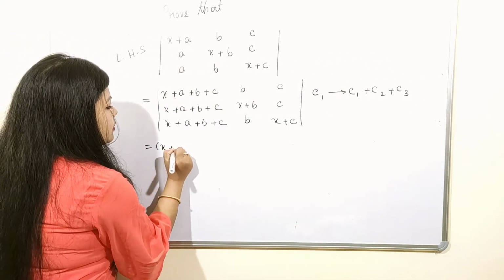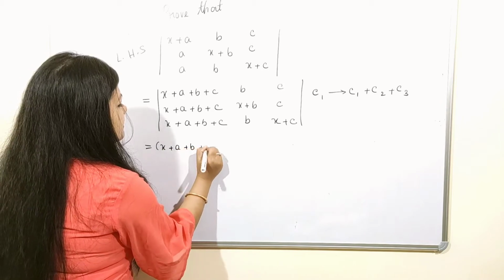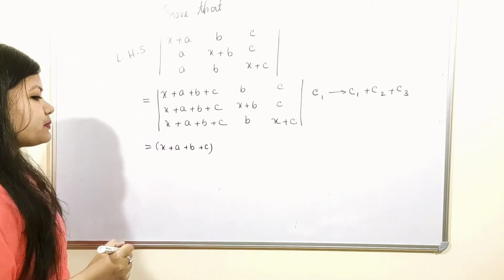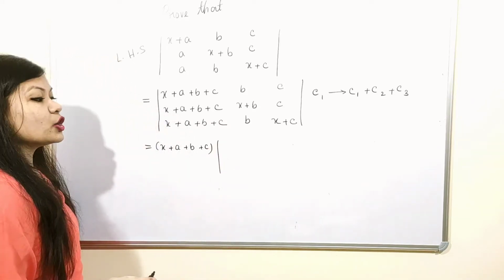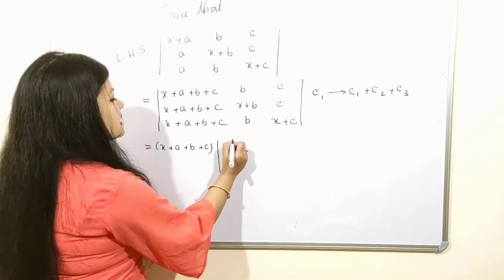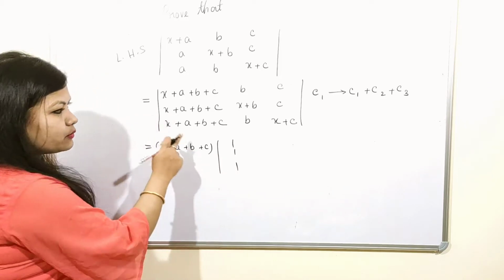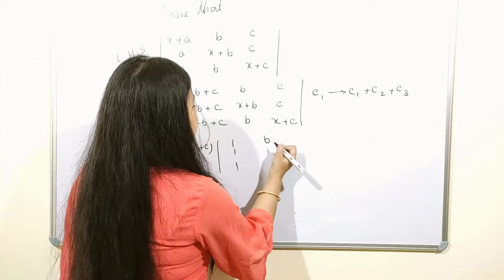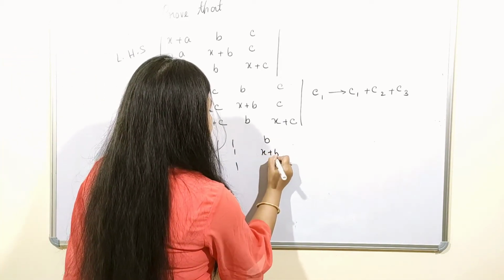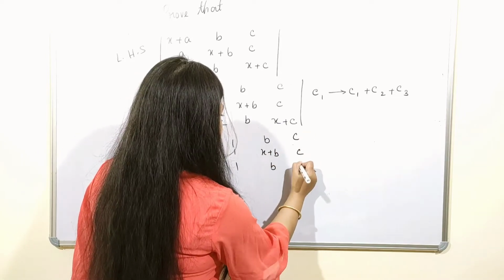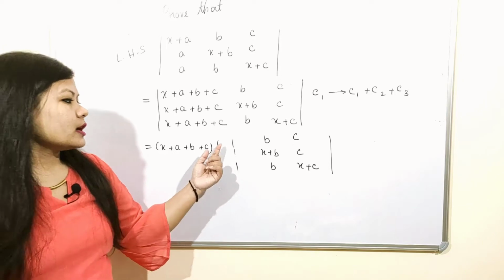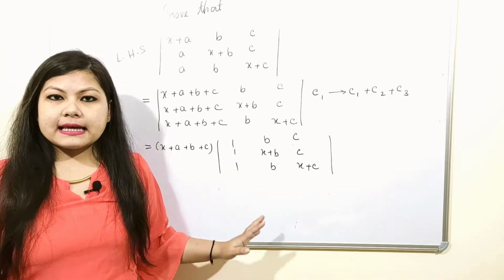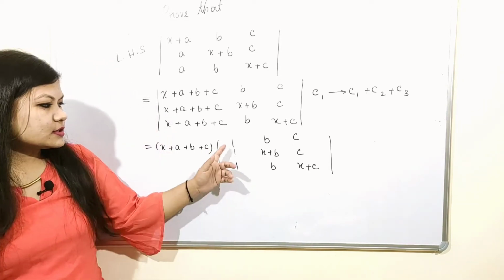Therefore, by the property of determinants, take x plus a plus b plus c common. Then the remaining values in the first column are 1, 1, 1, and the second and third columns remain the same.